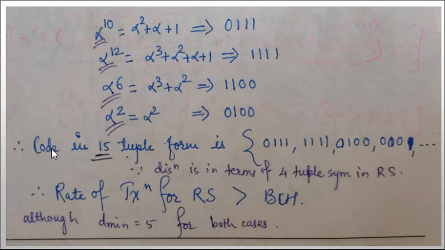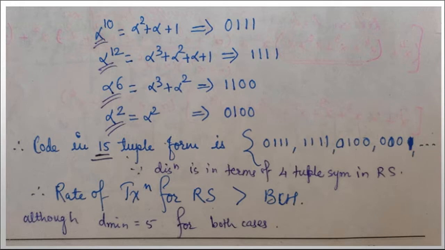So in short, it is nothing but the RS encoding. That is one of the reasons that the rate of transmission for RS is greater than the BCH, because ultimately for each symbol we are transmitting 4 bits. Although dmin is equal to 5 for both cases, if we compare it with the BCH, we still get the same kind of conclusion.